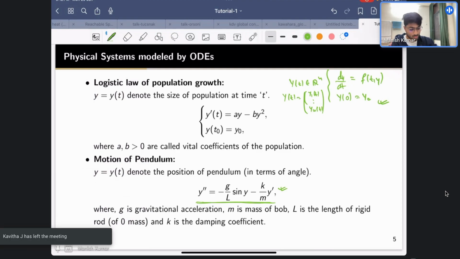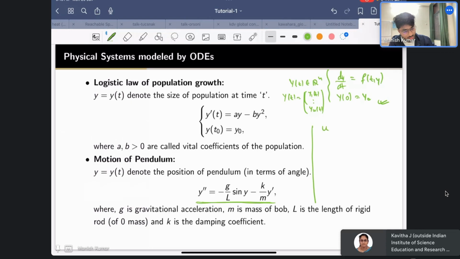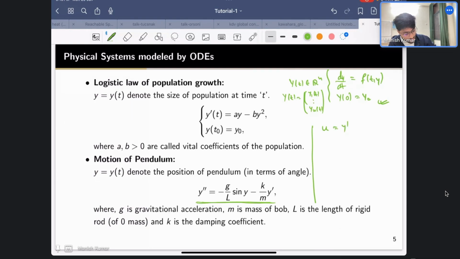Do you know how to convert that? Take y and y prime as the tuple. So suppose you assume that z is y prime.